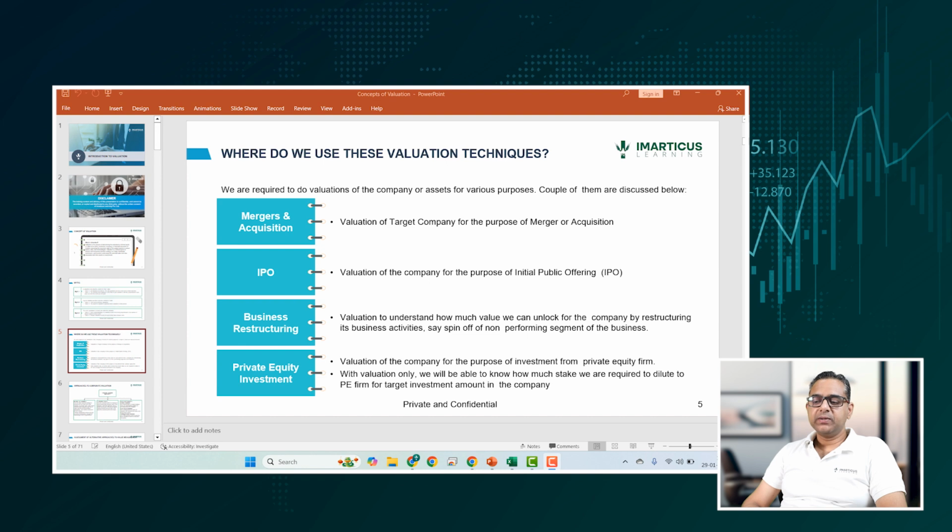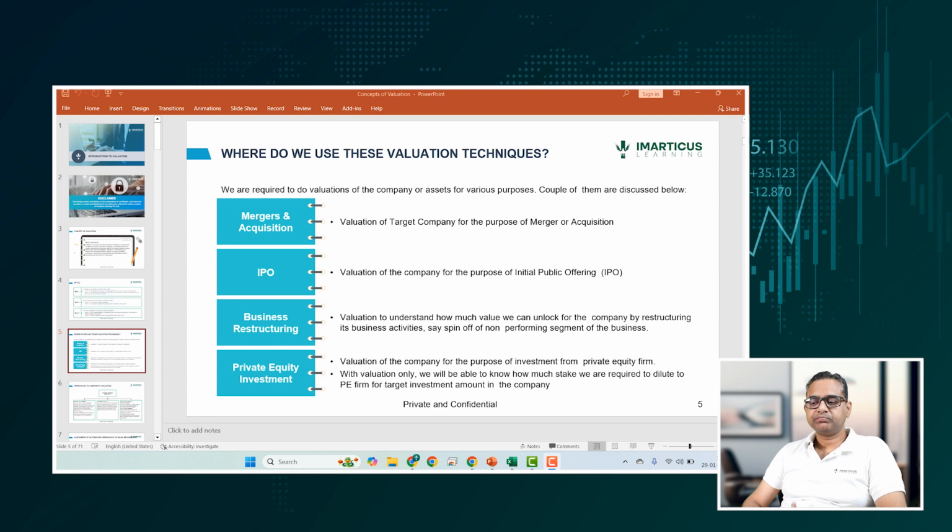That means they would have felt that as a conglomerate we are not getting enough value, or if we spin off our ITC hotels business and get it listed as a separate company, the value would be more than what we are getting as a combined entity.